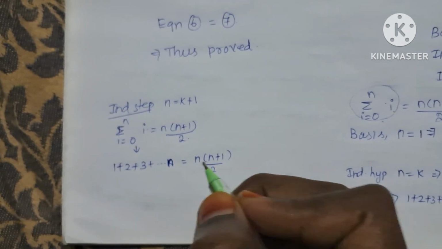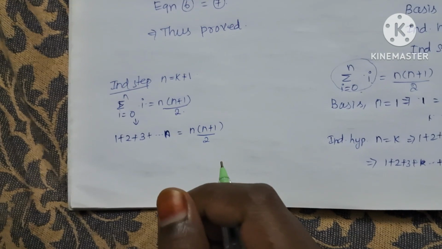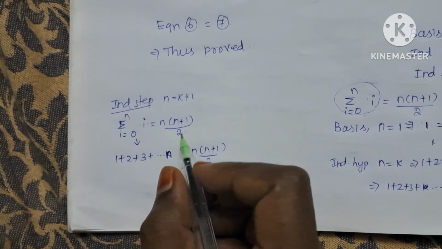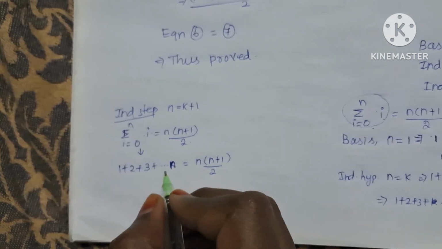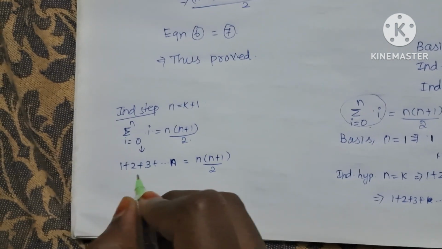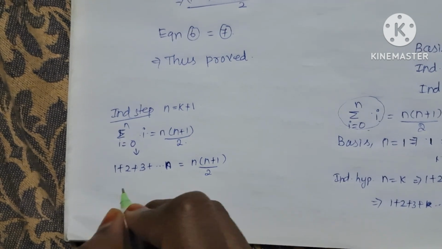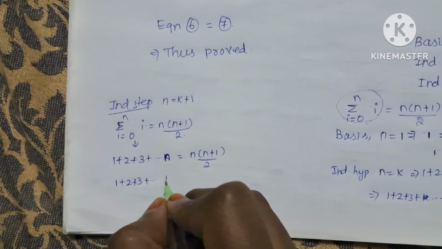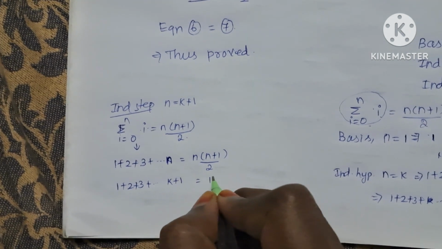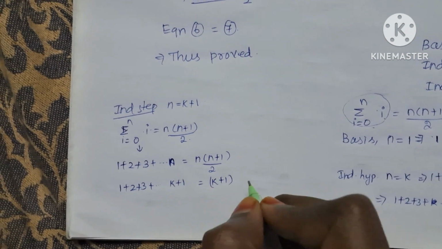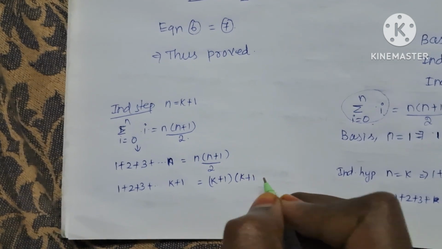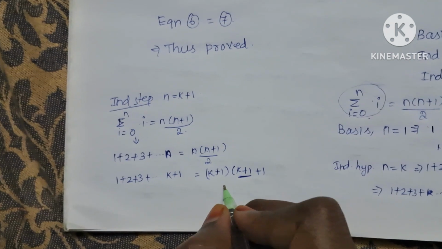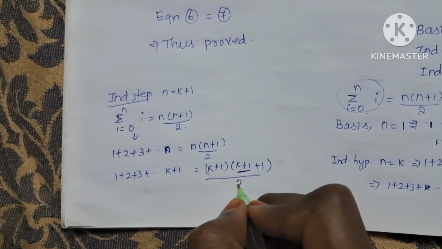Sorry, this is n. So here we are substituting n equal to k plus 1. So this equation can be written as 1 plus 2 plus 3 plus up to k plus 1 is equal to k plus 1 into k plus 1 plus 1. We are substituting n to k plus 1 into k plus 1 by 2.